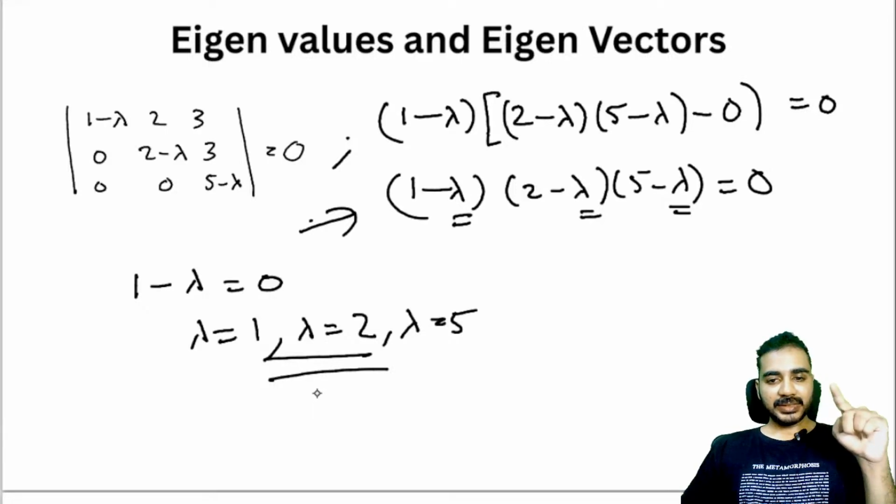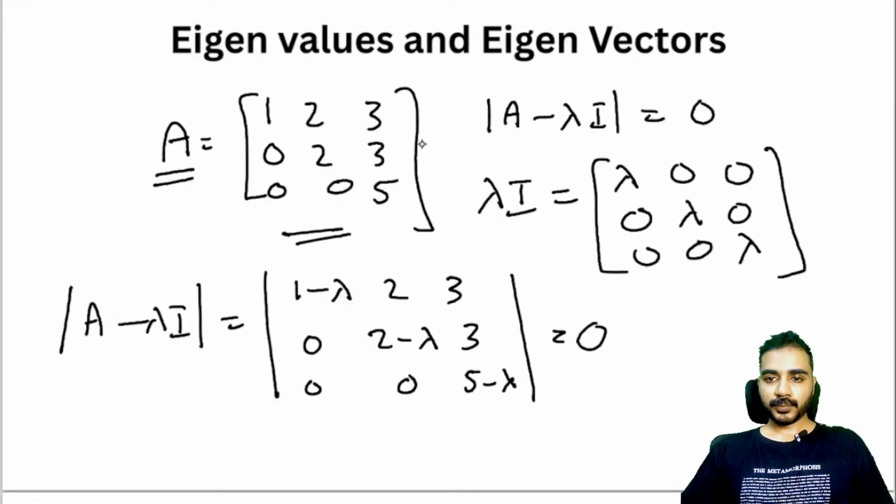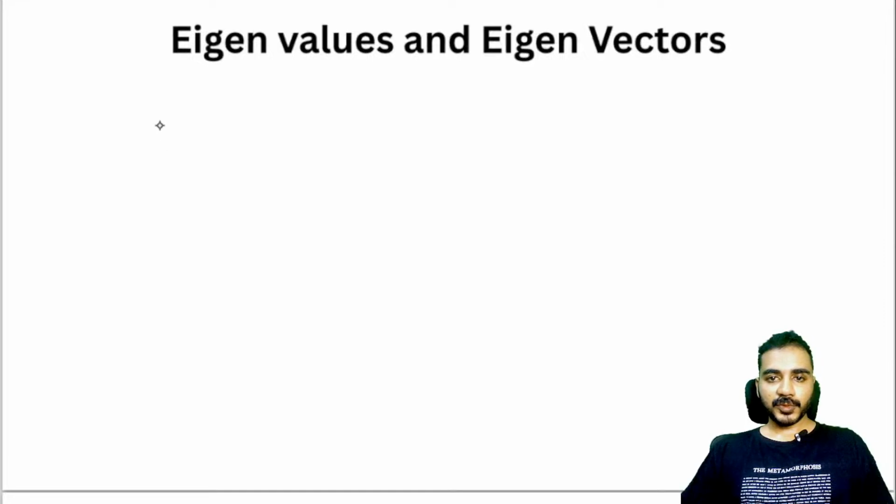Now for each of these eigenvalues, we can find eigenvectors. In order to find the eigenvector, we can write the equation Ax equal to lambda x.